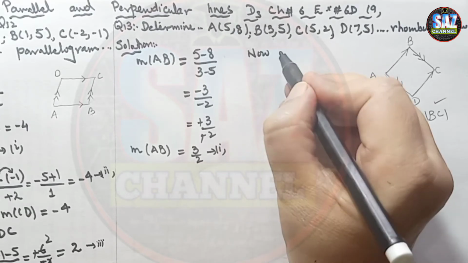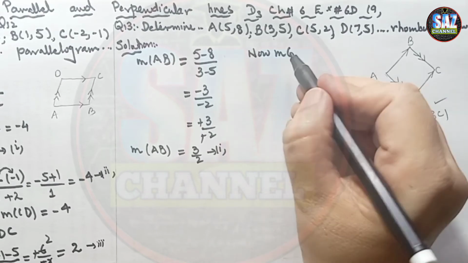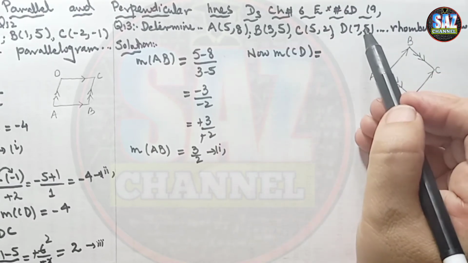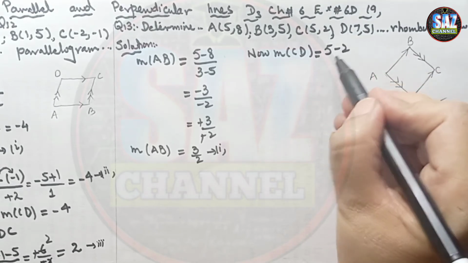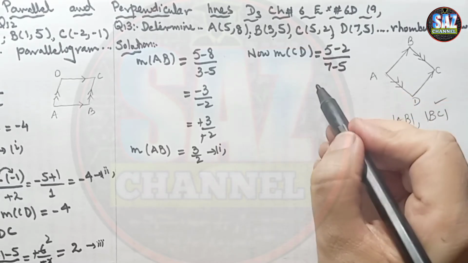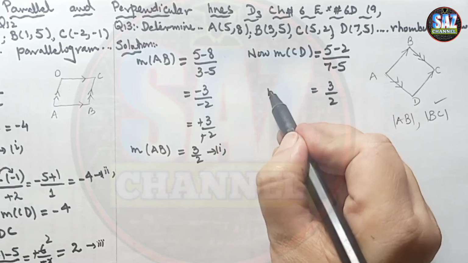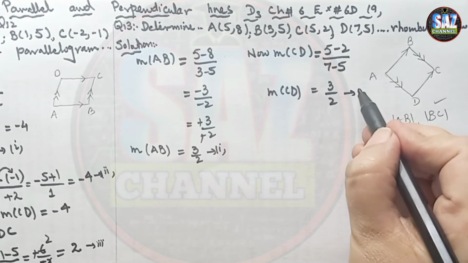Now the gradient of CD will be equal to y2 minus y1, 5 minus 2, upon 7 minus 5, and this will give me 3 upon 2. Gradient CD, let it be 2.